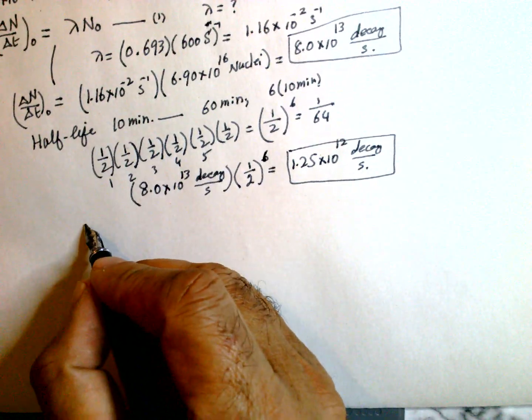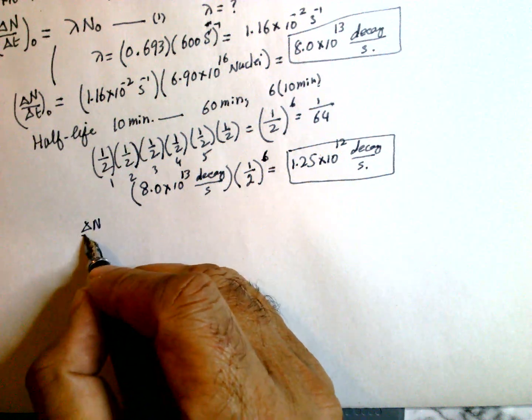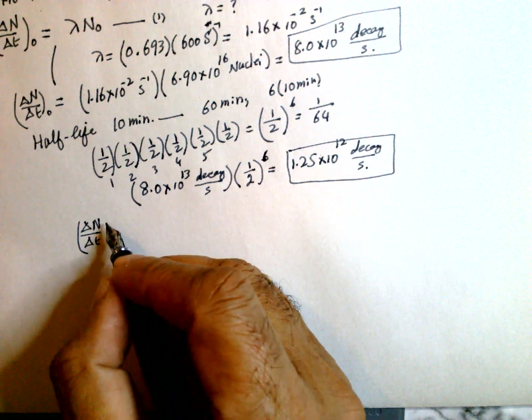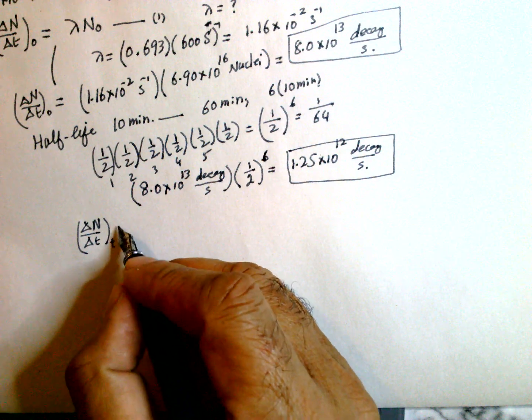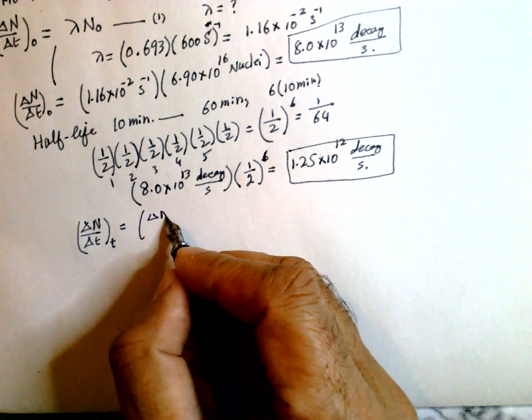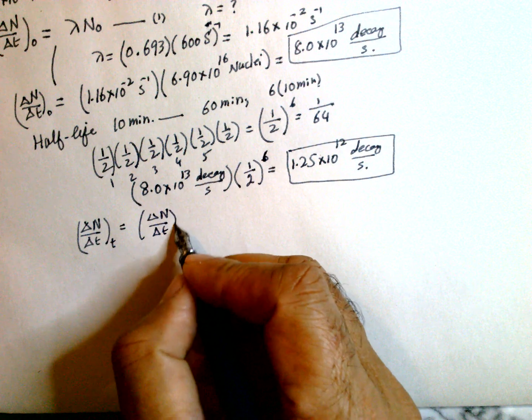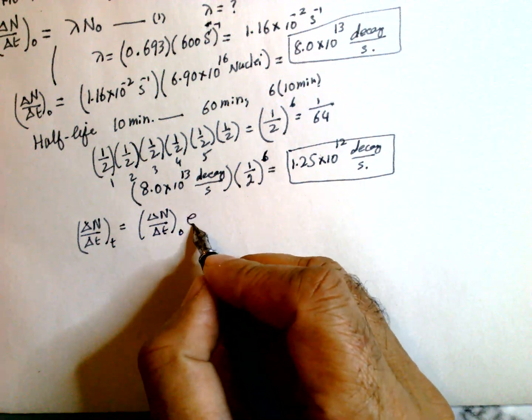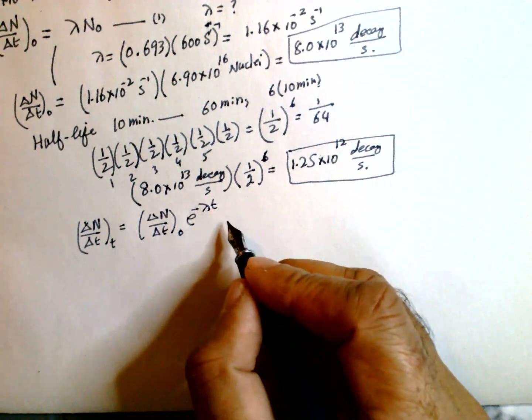Or this can be solved like this: delta N over delta t at time t is equal to delta N over delta t at 0 times e raised to the power minus lambda t.